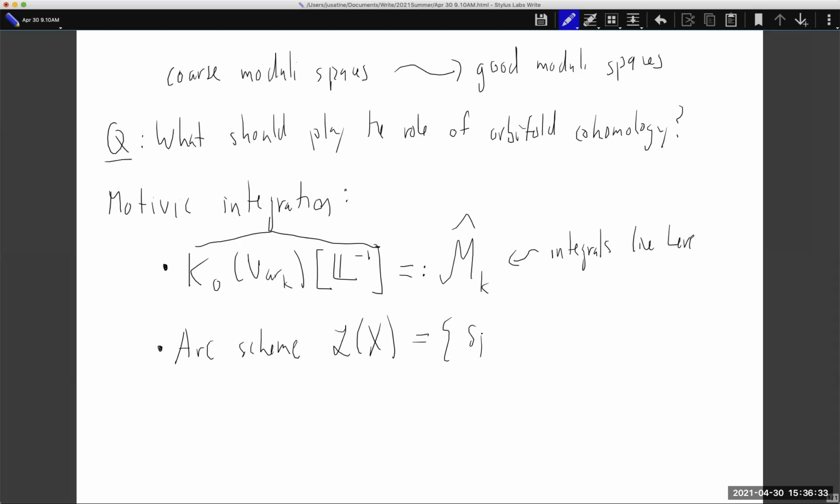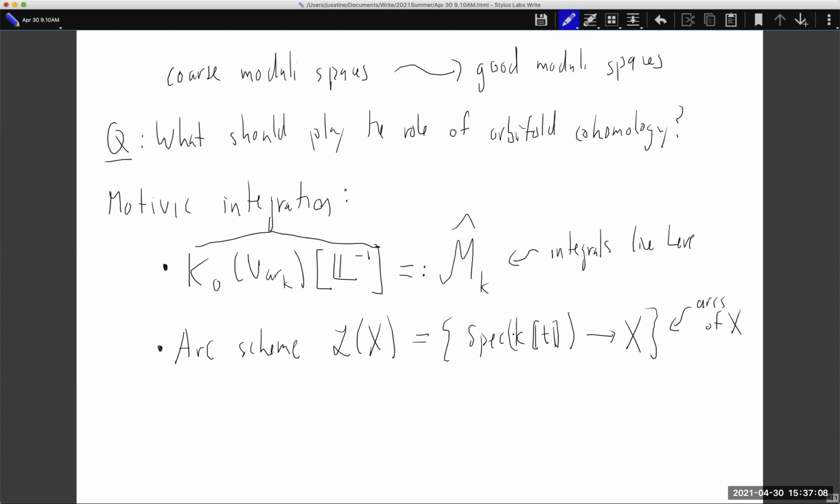Well, it's a space parametrizing the so-called arcs of X. These are maps from spec of k power series T to X, so maps from formal germs of curves mapping to X, and these are the so-called arcs of X. You can show, I think Nash actually proved this, that there's a way to give a scheme structure to this set of arcs.